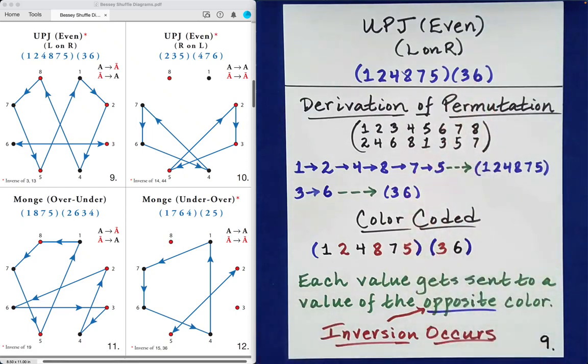Okay, well let's go ahead and take a look at the Bessey shuffle diagram. Top left here. Now we've seen one similar to this. In fact, this is the inverse of 3. So in our very first video in this series, we saw this very graph except for the arrows being reversed.